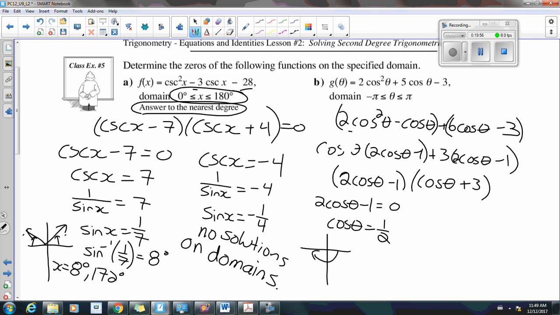So cosine is positive here and here. And if you were in degree mode and you found your reference angle, you'd get 60 degrees. It's asking between negative pi and pi, so that does mean we want to work in radians, but your reference angle of 60 degrees means a reference angle of pi over 3. So this solution would be positive pi over 3. That solution would be negative pi over 3.